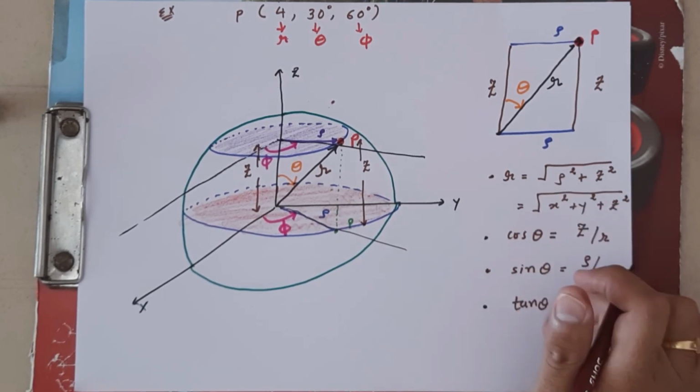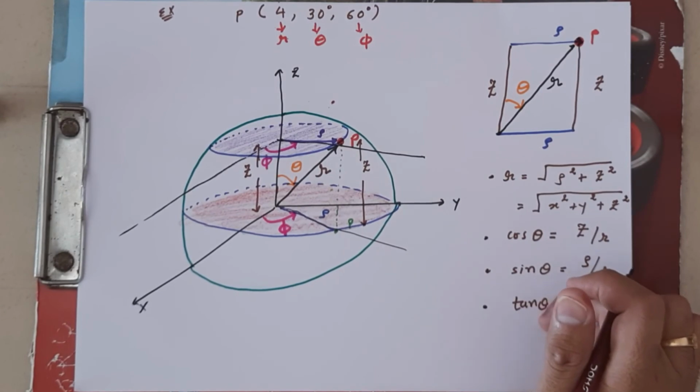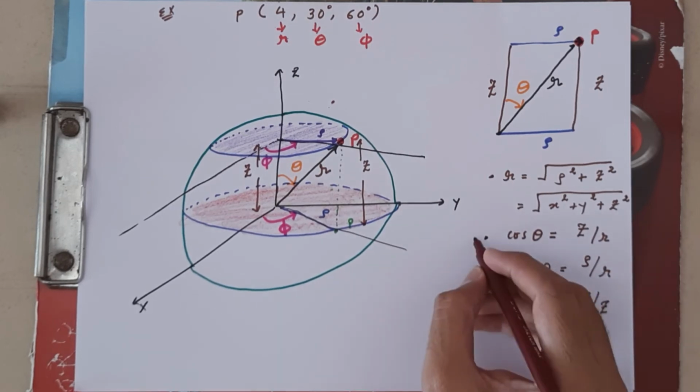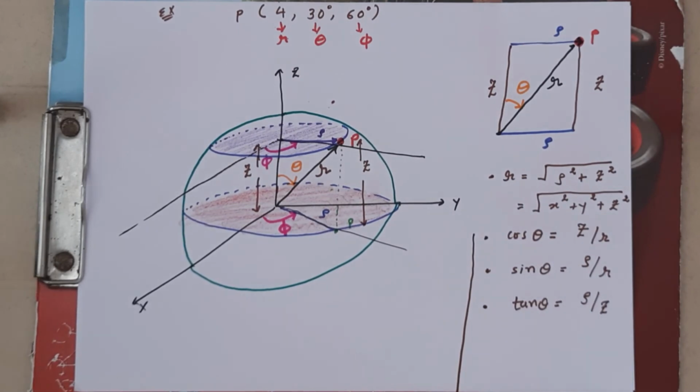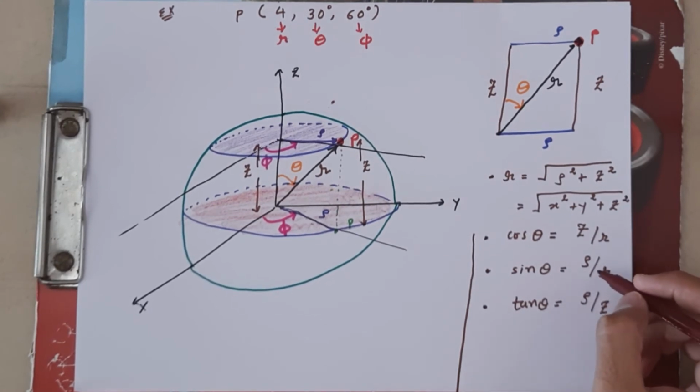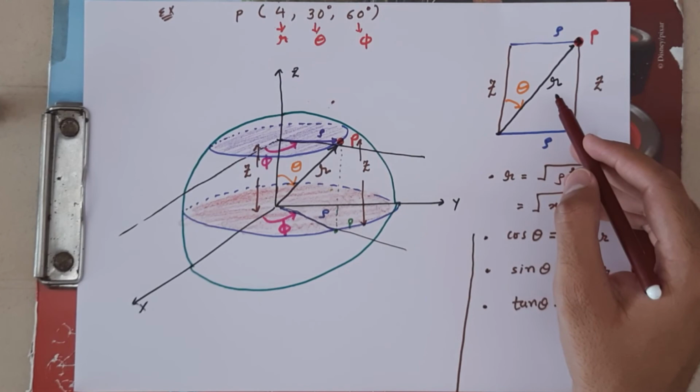Okay, so now based on all those equations, you can derive the relationship between spherical coordinate system and Cartesian coordinate system. First I have to write the equation of Cartesian coordinate system in terms of spherical coordinate system. Here it is, sin theta is equal to rho by r.